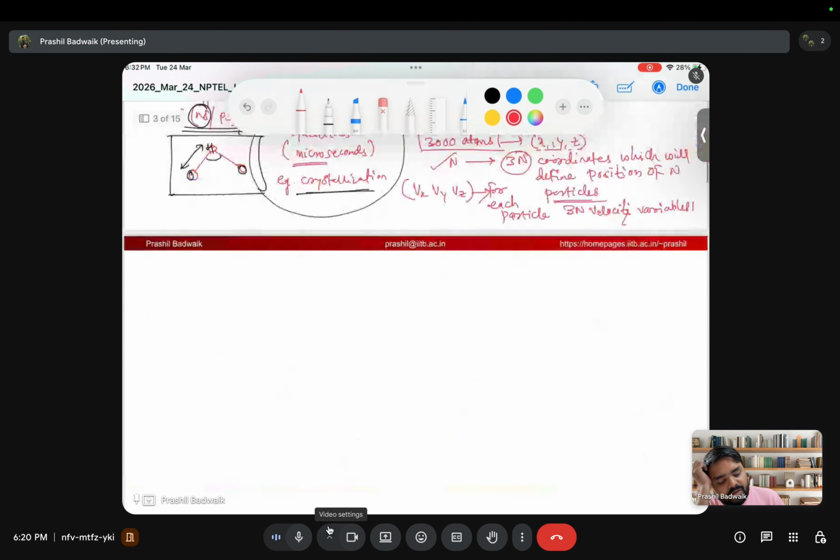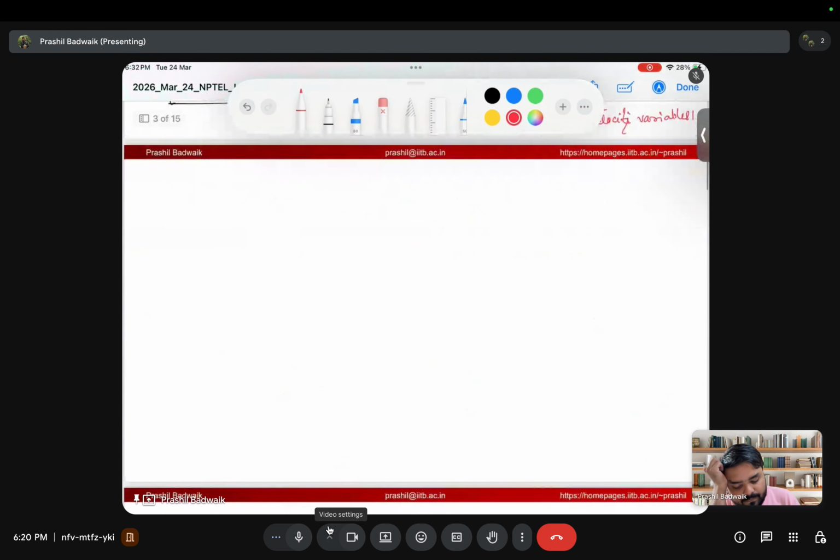So in total there will be 6n variables which will vary with respect to time.